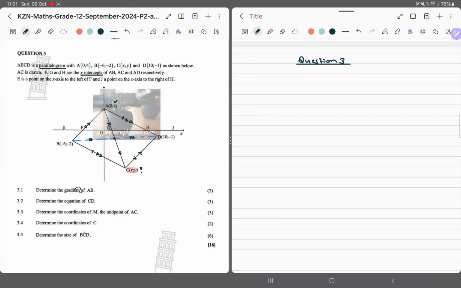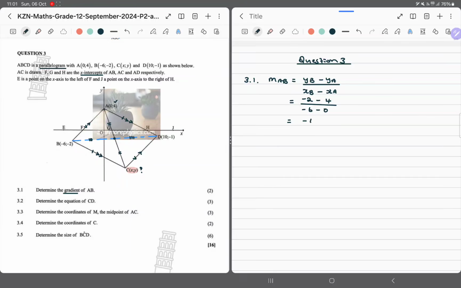Okay, determine the gradient. Now this is a grade 10 question. Very easy one and certainly a gift from the examiner. So we know that the gradient of AB is going to be y at B minus y at A over x at B minus x at A. So we substitute y at B, it's minus 2 minus 4 divided by minus 6 minus 0.